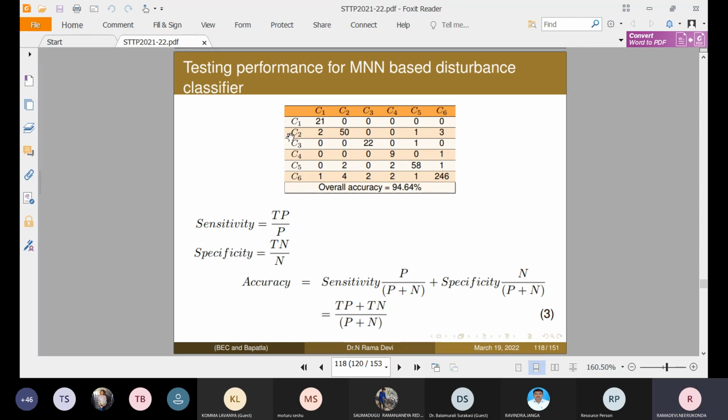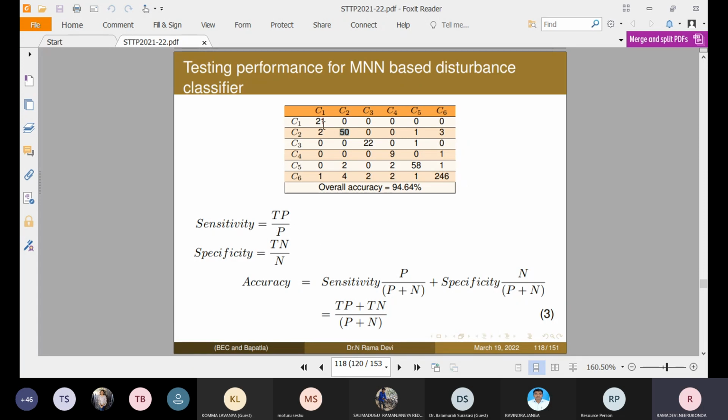But here the fault is a C2 type fault, and it's identified as C2 for 50 patterns. The remaining are not C2, but are identified as C2. Similarly, this fault is also not C2, but is identified as C2. Like that we call it the false negative. So true positive, true negative.